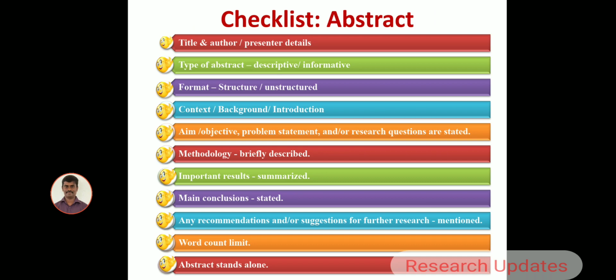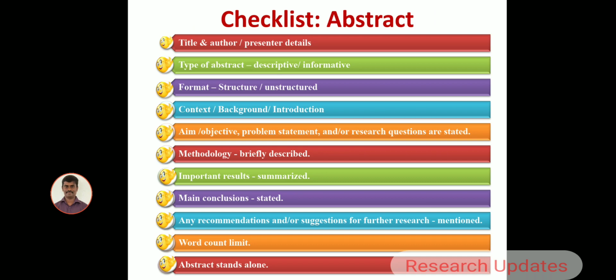Types of abstracts should always be remembered, either descriptive or informative. Depending on the purpose, you have to choose the type of the abstract. Similarly, the format of the abstract, either structured or unstructured, depending on the purpose. The context, background or introduction should be briefly given.